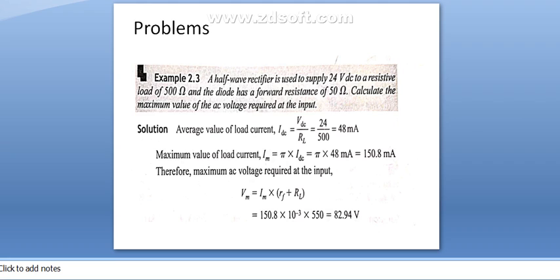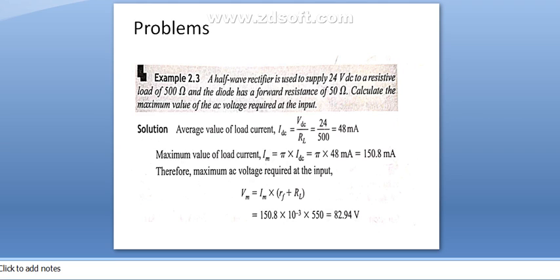So from these two values we can calculate the maximum AC voltage, that is the input voltage. So VM equal to IM into RF plus RL. So substitute IM and RL values.